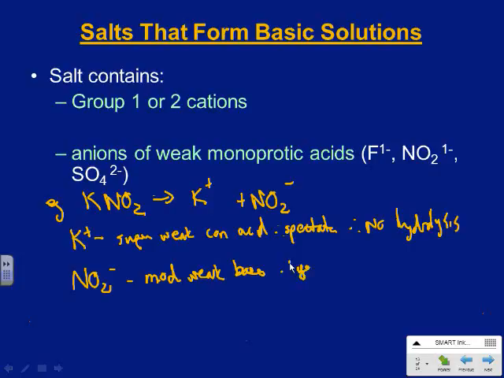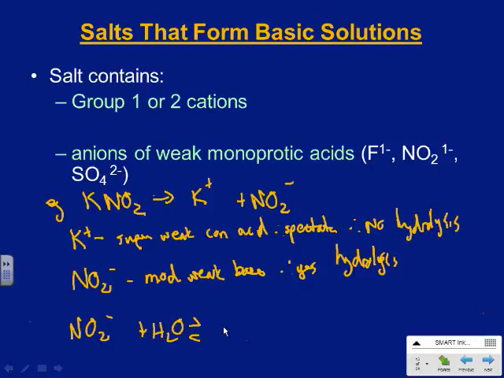Therefore, yes, hydrolysis. As soon as you say it's moderately weak, you've got hydrolysis, NO2 minus plus H2O. Let's complete this. Because it's behaving as a base, what am I getting as products here? Jason? NO3 plus, think it through.